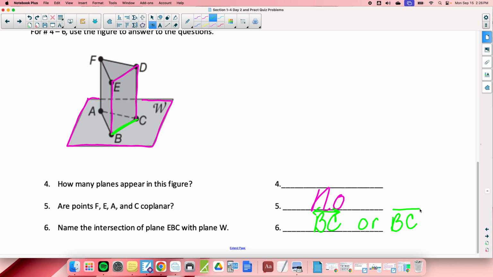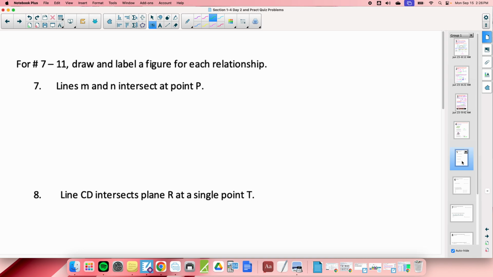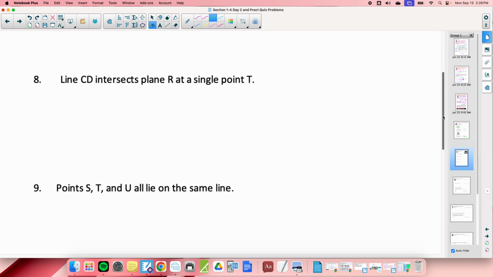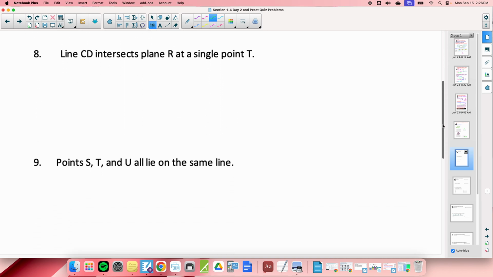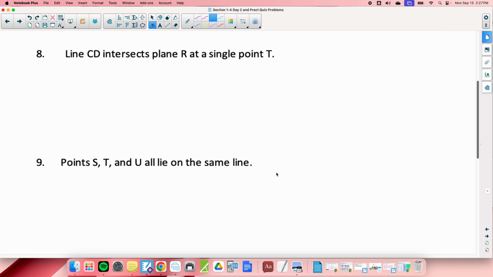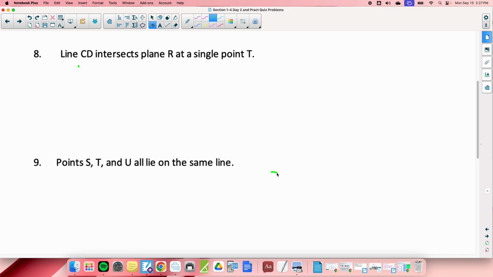Now, let's go to this page, and I'm gonna pick one. Let's look at number 8. On these, you have to draw it out and label. Do you guys remember me talking about when you have a plane and a line, the line can lie on the plane or it can stab through the plane? This one says line CD intersects plane R at single point T. See how it says it intersects at a single point?